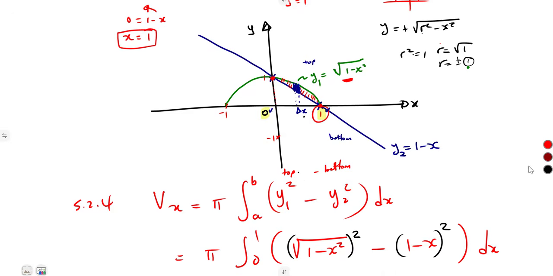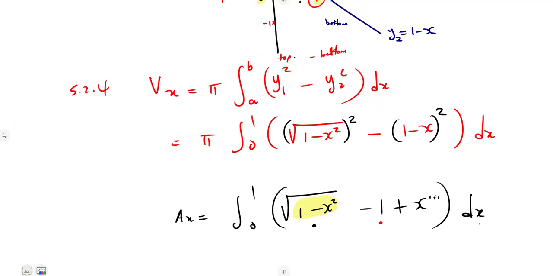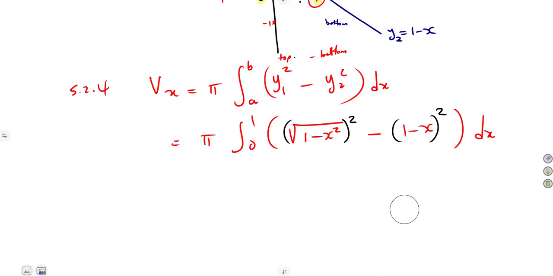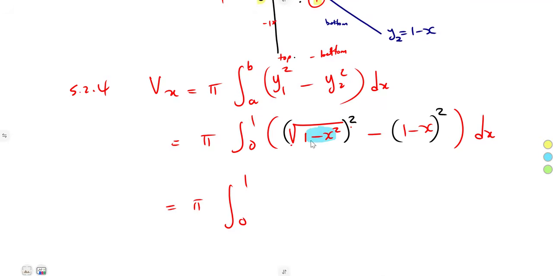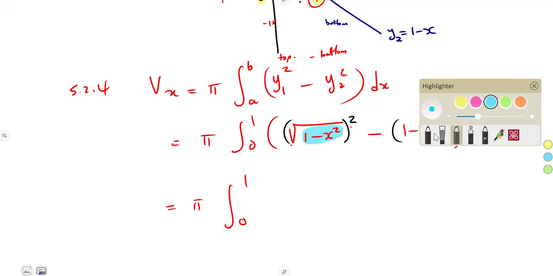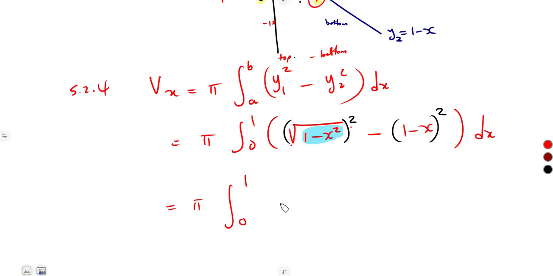Let us integrate with respect to x. If we square this, it's very advantageous to us, because the square root and the square neutralize. So you're just going to take what is inside the square root. So it is going to be 1 minus x squared.